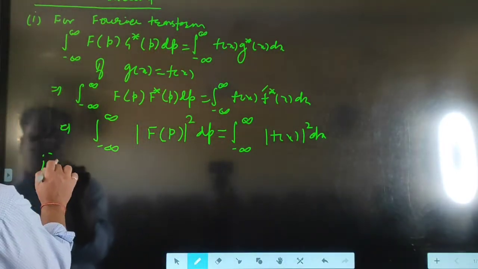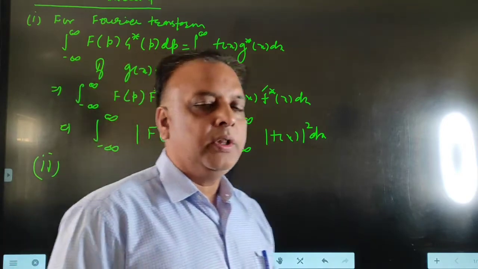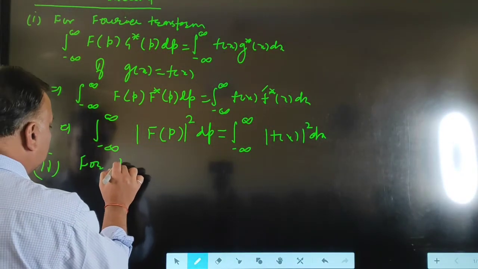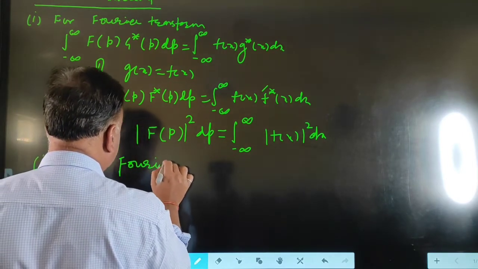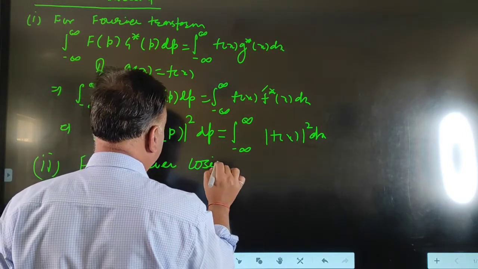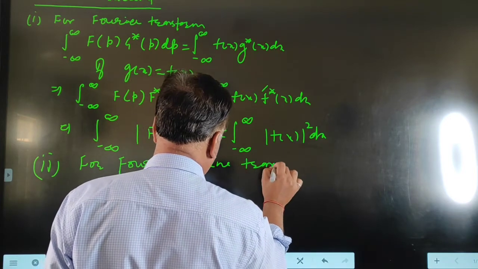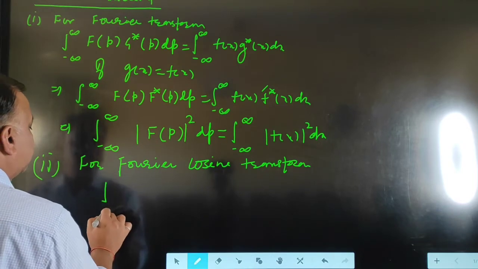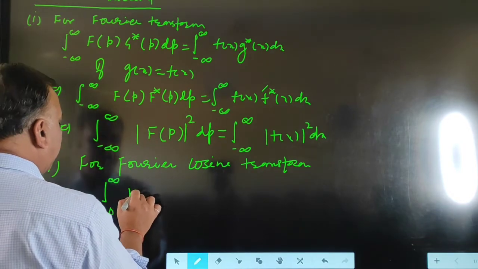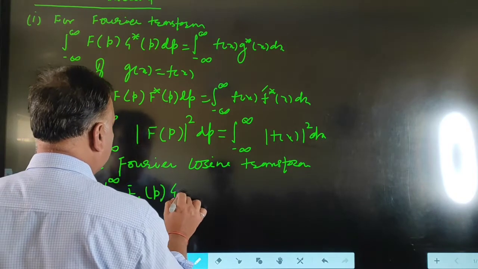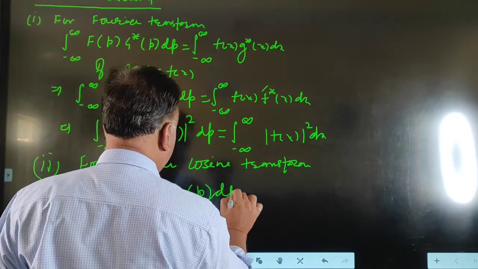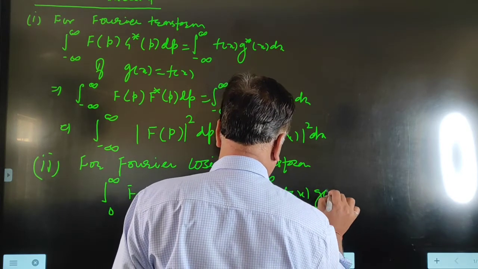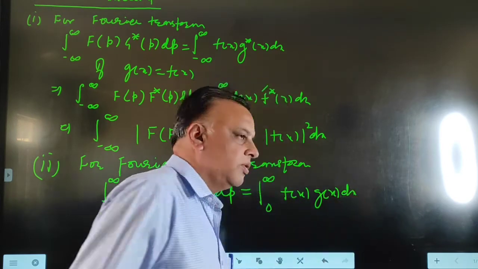Second, the Parseval's identity for the Fourier cosine transform can be written as the integral from 0 to infinity of Fc(p) Gc(p) dp equal to the integral from 0 to infinity of f(x) g(x) dx.